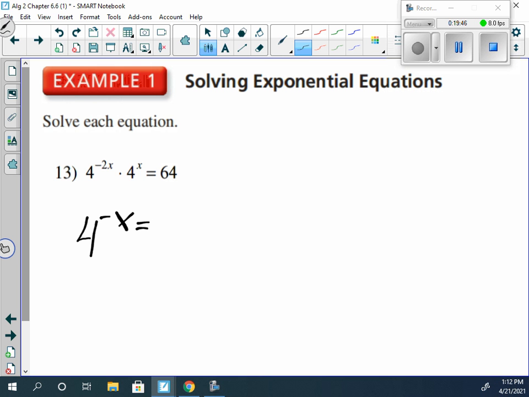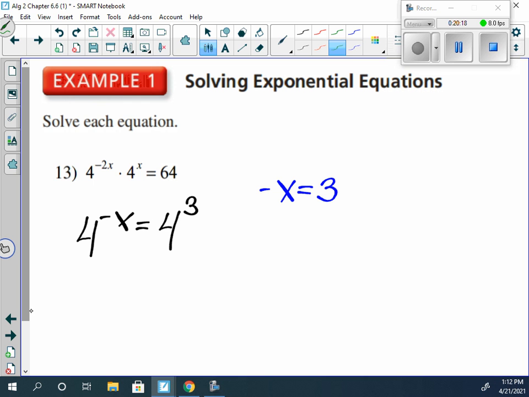x is equal to, well, as we've been working these, we need to be able to write 64 as 4 to a power. And 4 to what power is 64? 4 to the third would give us 64. Now, since we do have like bases, we can say that negative x is equal to 3.